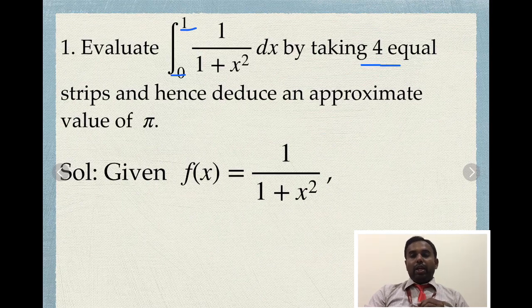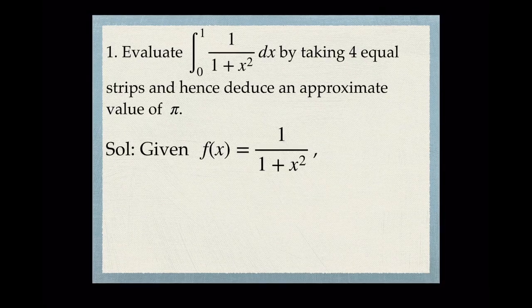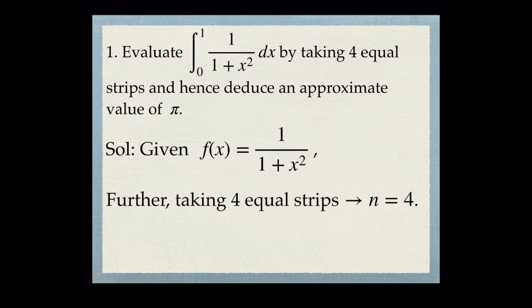That's the concept. So with that in mind, to divide the entire interval 0 to 1 into 4 equal strips, we are supposed to take n is equal to 4. Understanding?